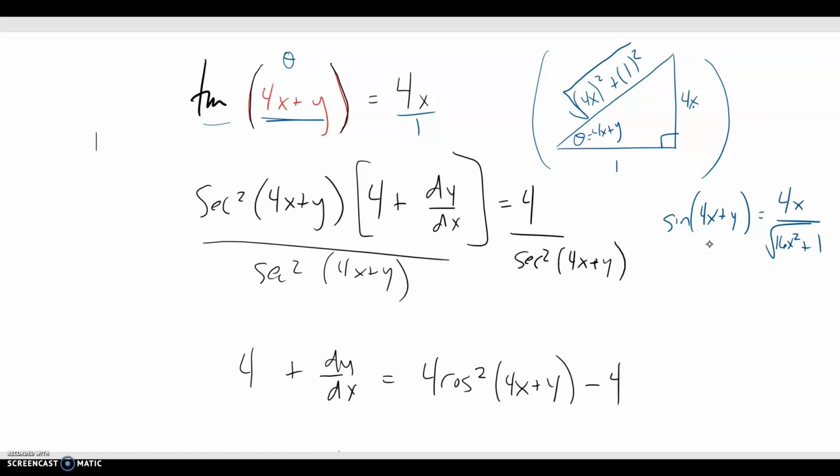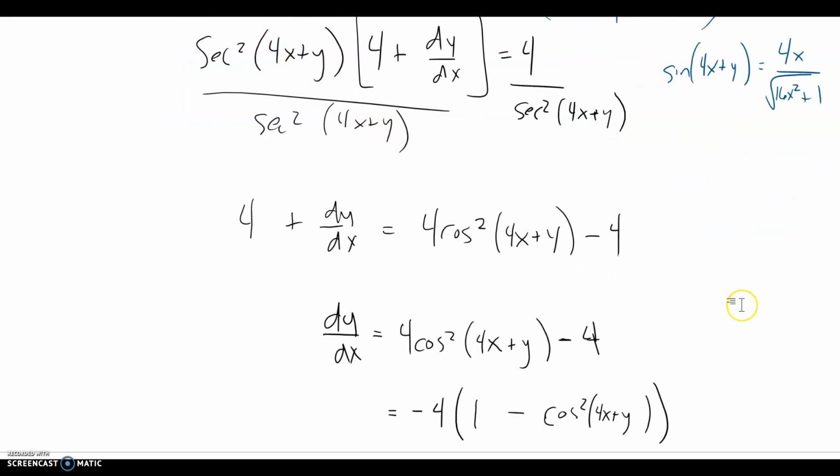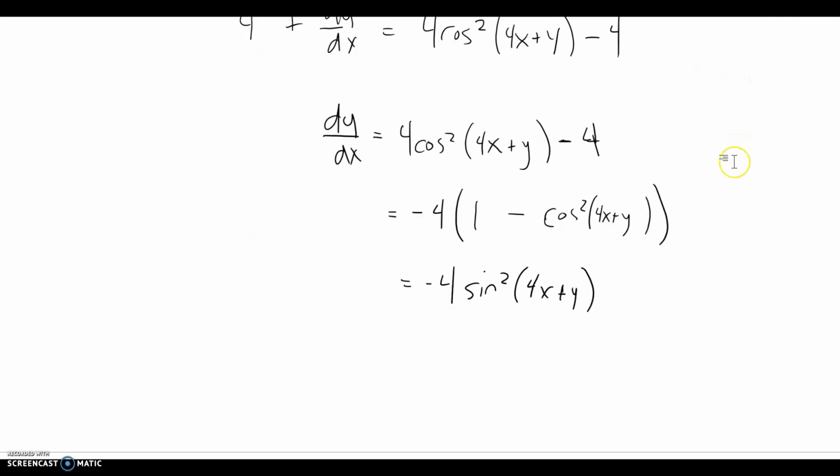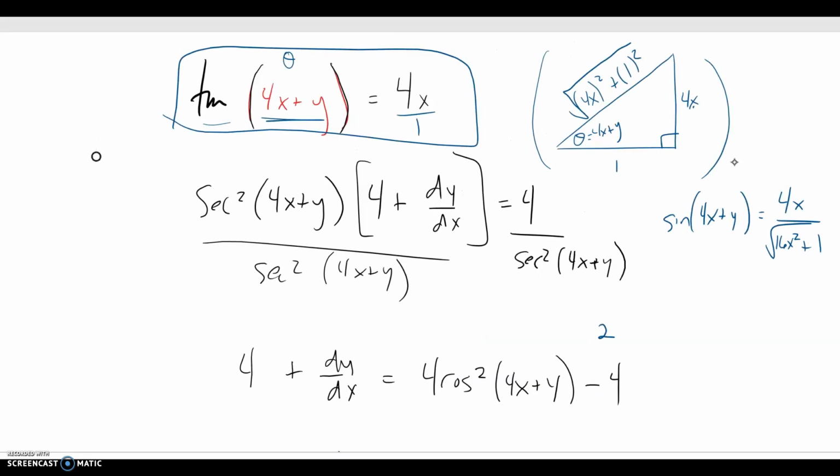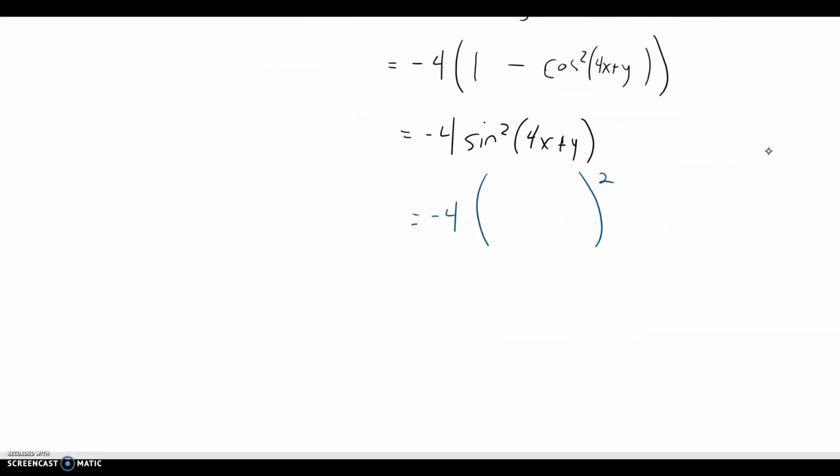So that's just a relationship we can build based on what was given. So if I plug that in to where I am now, then I know what the sine of 4x plus y is. I have sine squared, and the sine is 4x over the square root of 16x squared plus 1.